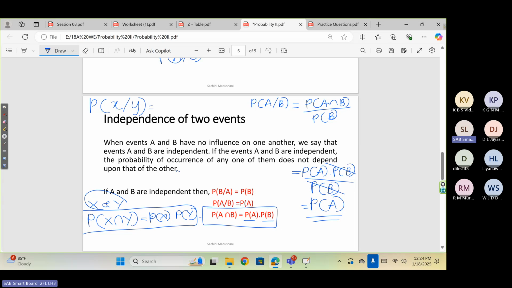The second event is X, so it should be equal to the probability of X. Understood? First we write down the first event, second event. If the two events are independent, it is equal to the probability of the second event.